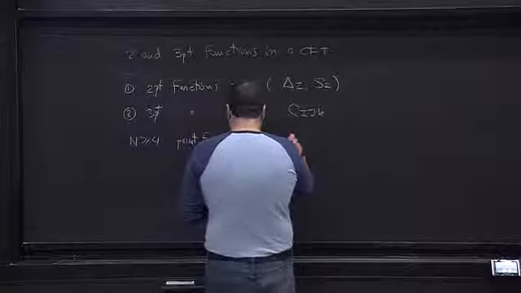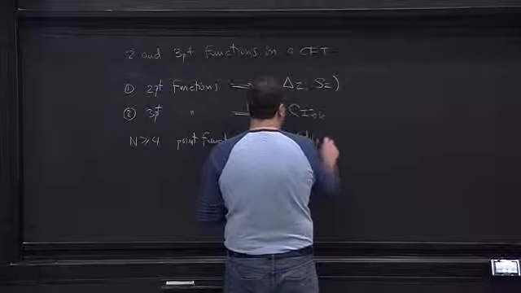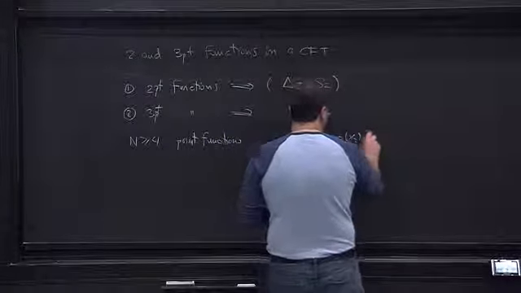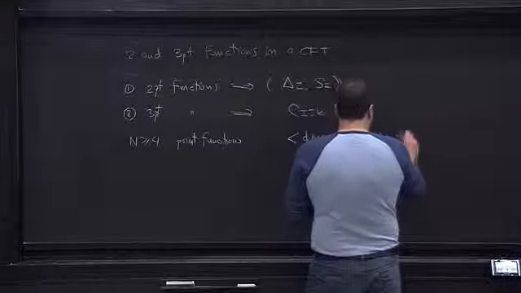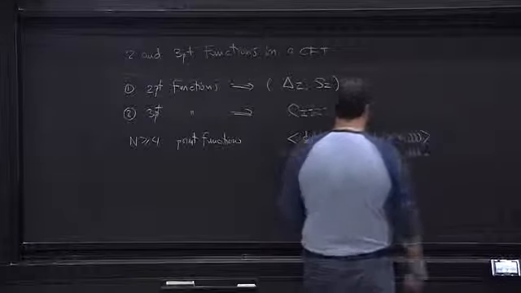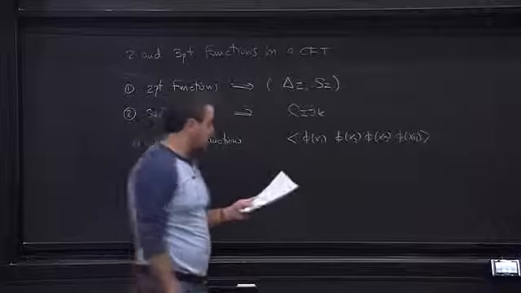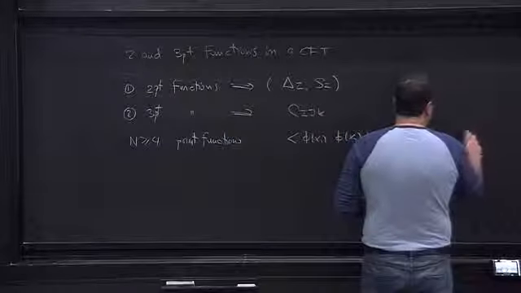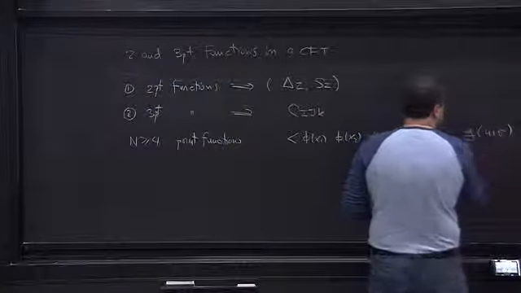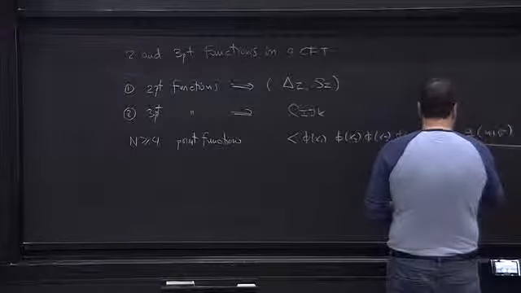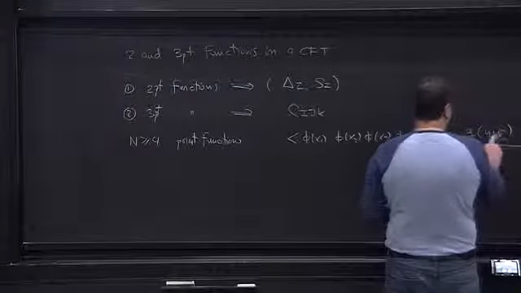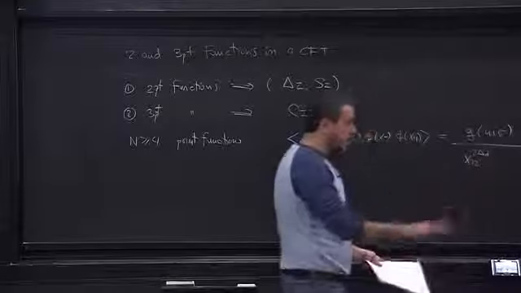So let me, for concreteness, look at the 4-point function, which is the main guy we will study. And we'll look at the 4-point function of scalar primary operators. So this is something that we also saw. We can get an arbitrary function of the two cross ratios that we can define given 4 points.